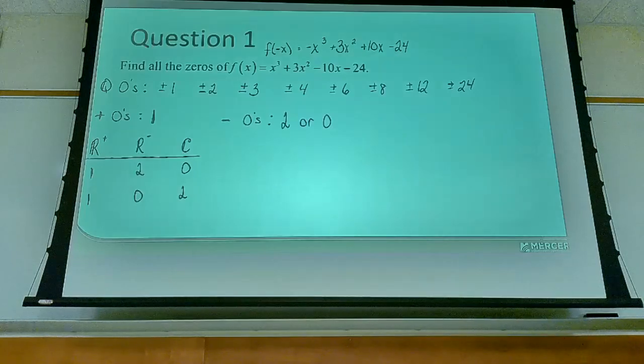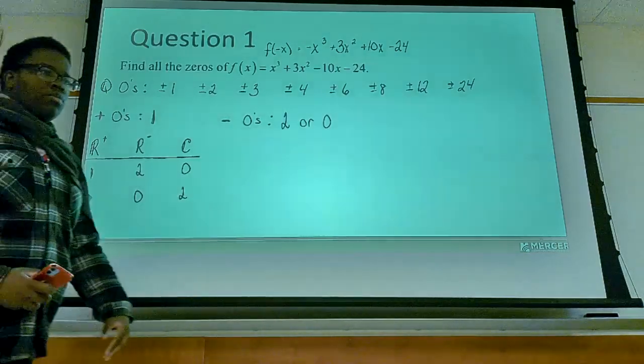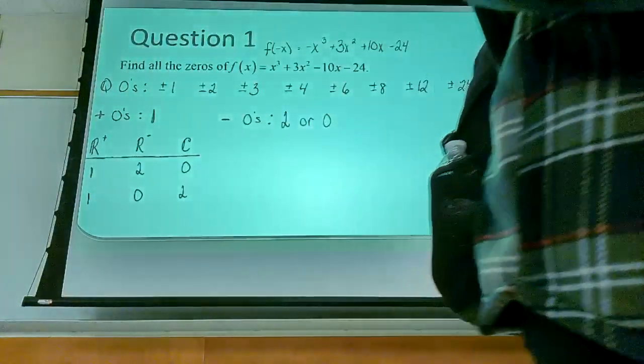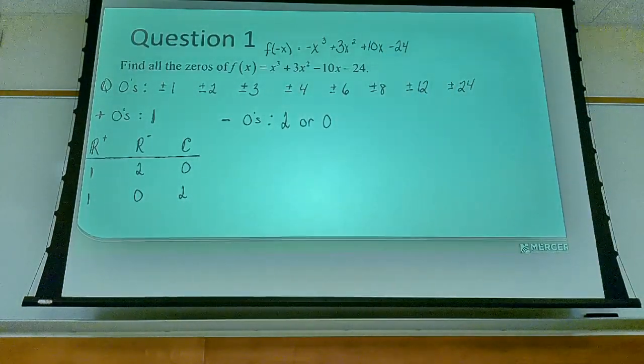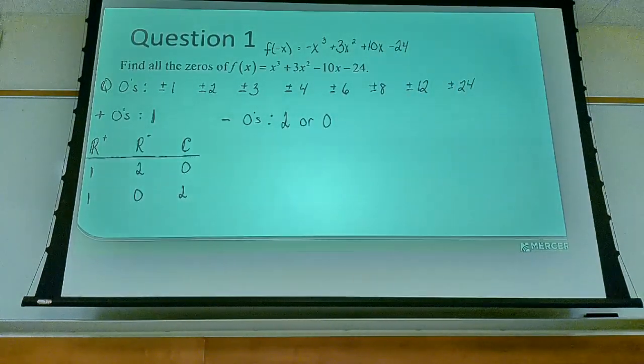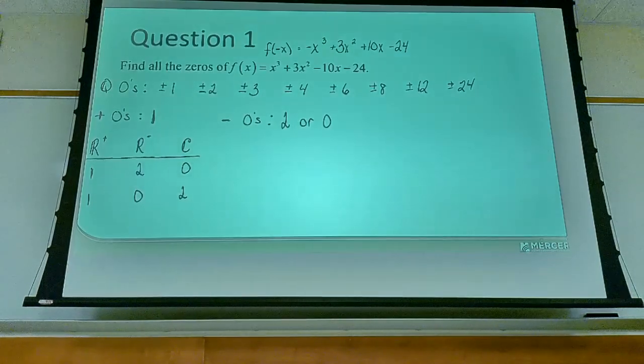We do that using the remainder theorem. Remember, the remainder theorem said, if you divide your polynomial by x minus k, your remainder is f of k. So divide that polynomial by x minus 1, see if you get a 0 remainder. x plus 1, see if you get a 0 remainder. Right, so you want a 0 remainder, because that's going to tell you that's a 0.